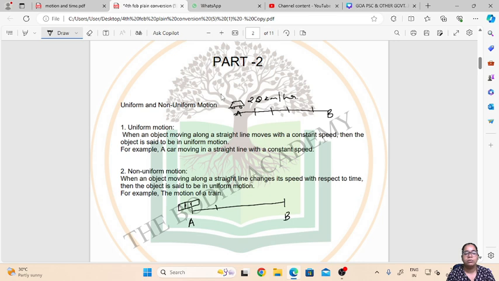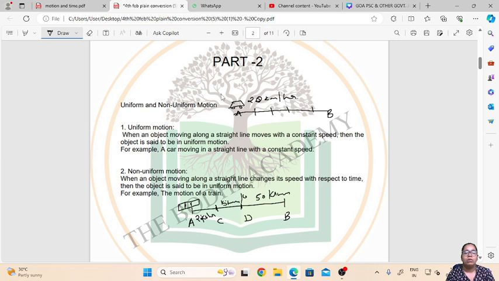From A to C, it will move at a speed of 20 kilometers per hour. Then to move from C to D, it will move at 15 kilometers per hour. Then from D to C, it moves at 50 kilometers per hour.